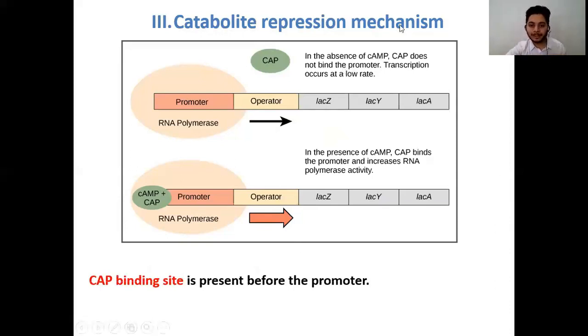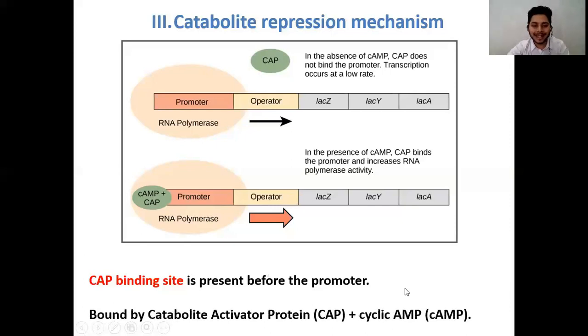In this catabolite repression mechanism, you see that there is another binding site present before the promoter. This very important binding site, present immediately before the promoter region, is called the CAP binding site. This CAP binding site always has to be occupied by two components.